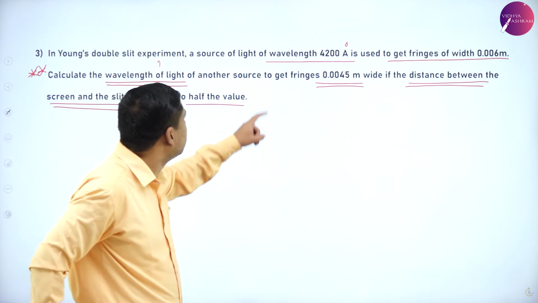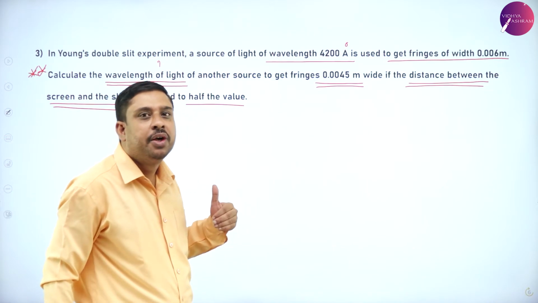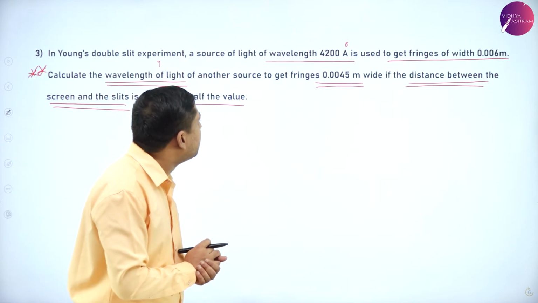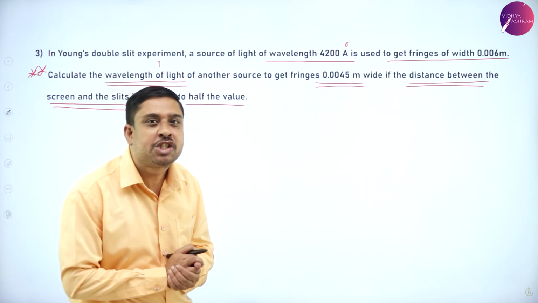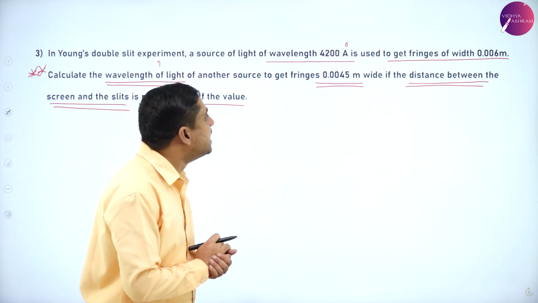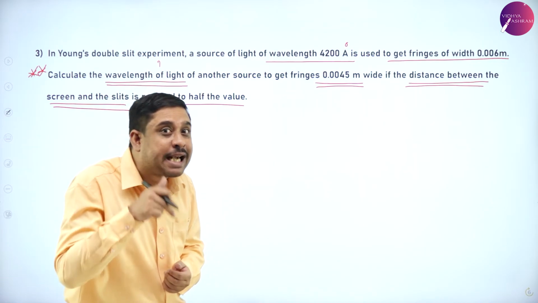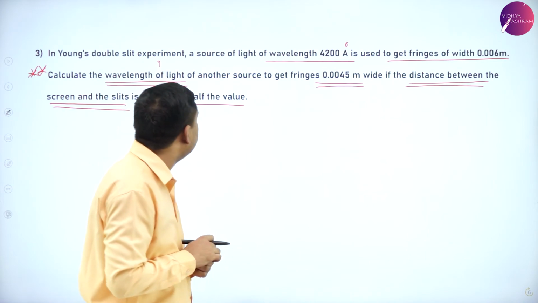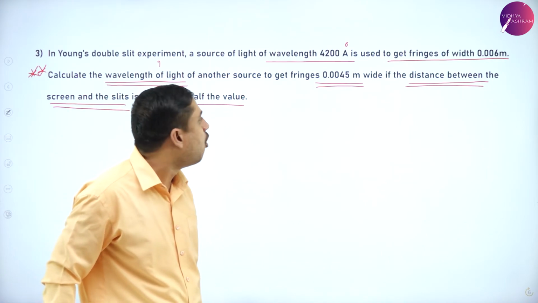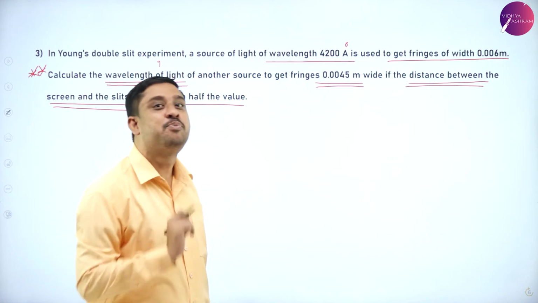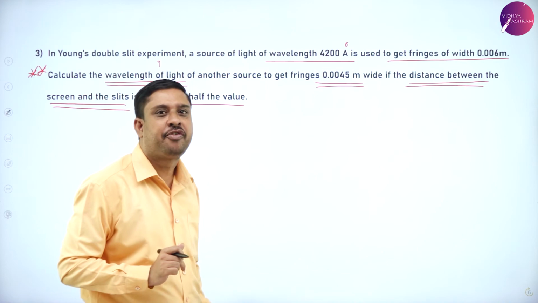The problem says, when I am using a source whose wavelength is 4200 angstrom, I get fringes of width 0.006 meter. Now I have to calculate the wavelength of light to get fringes of width 0.0045 when the distance between the slit and the screen is reduced to half.